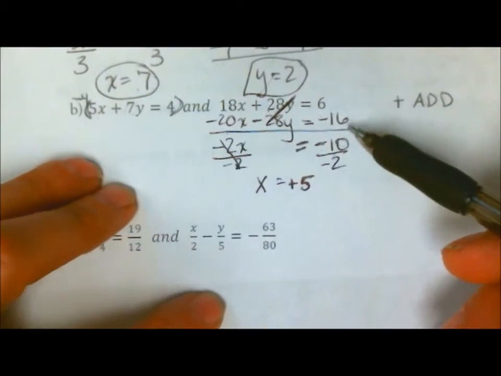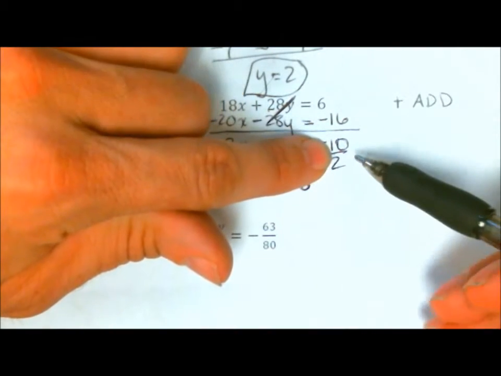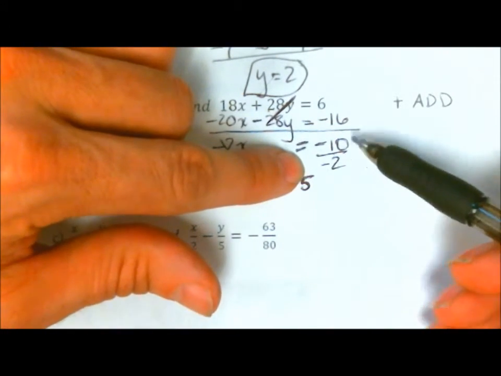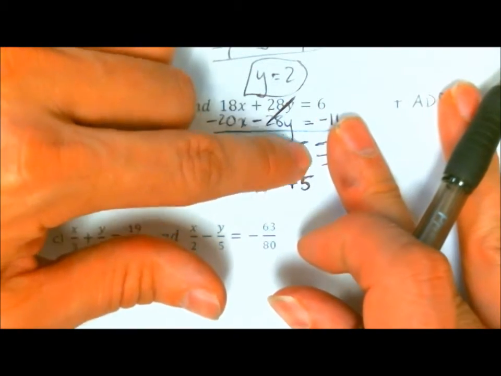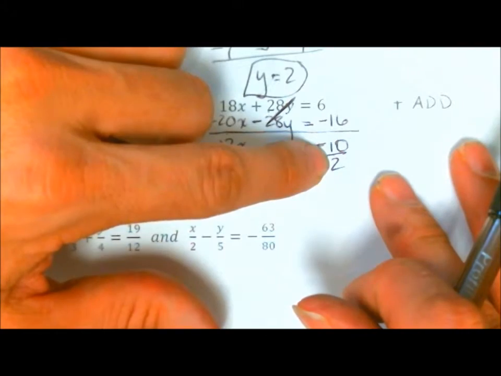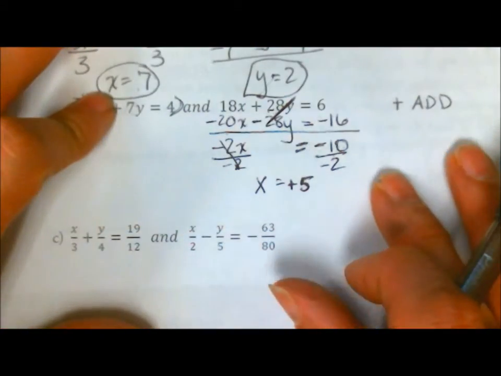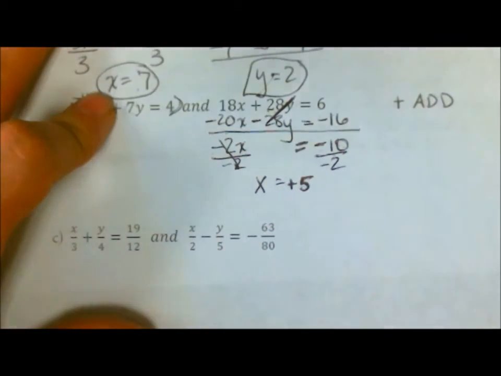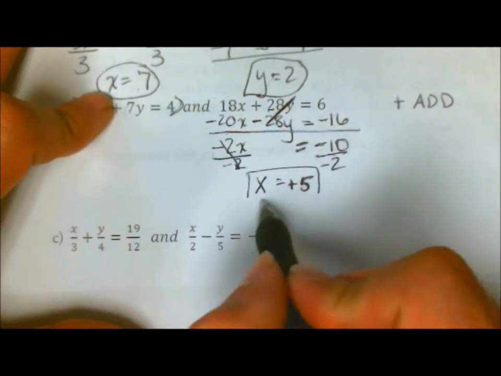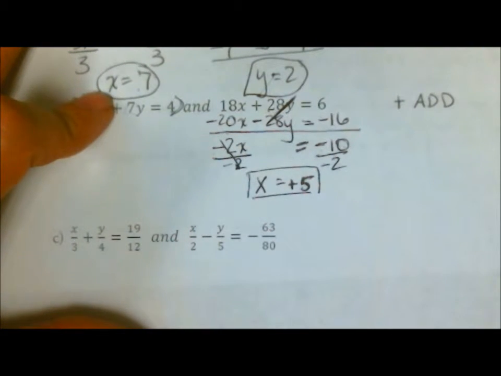So you have to either just cover up these signs and then do this and then do the signs, or cover up the numbers, resolve the signs, and then do the division problem. Okay? But don't try to do both at once. It just makes your brain just scream all over the place. So we know that x is equal to positive 5.